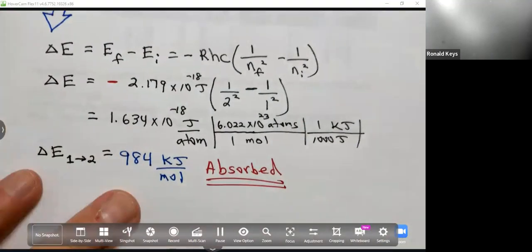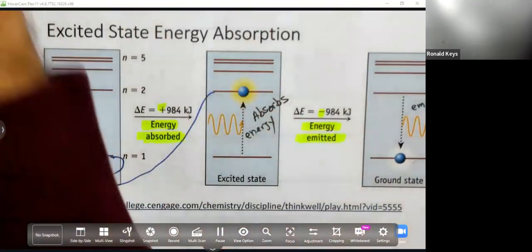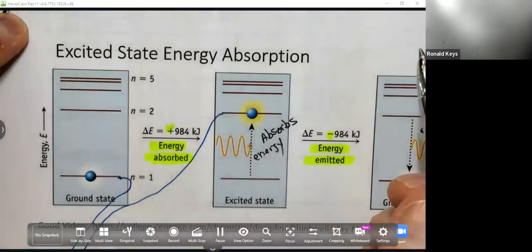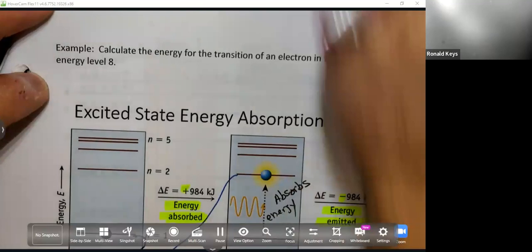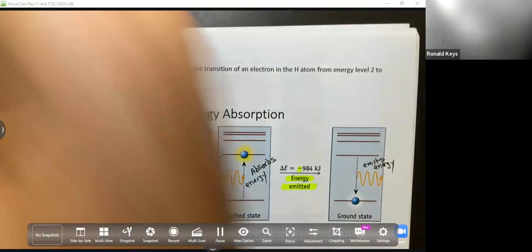Okay. Let's calculate this one up here then. So this is absorbing energy again.